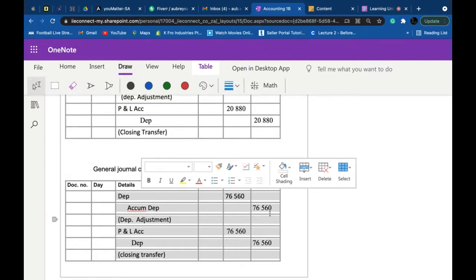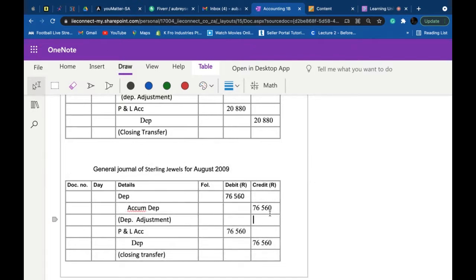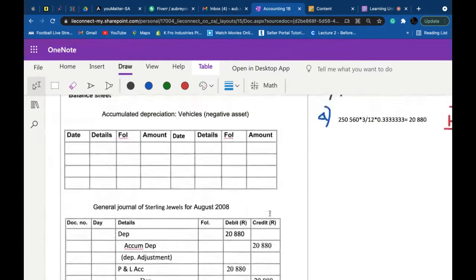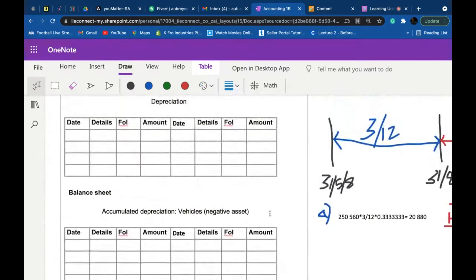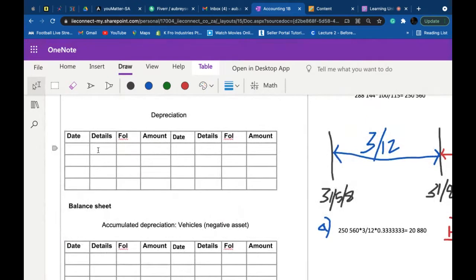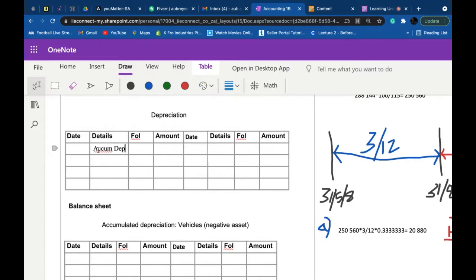Okay, and then literally all we then do is going now to the general ledger, and we're doing exactly the same thing there. Depreciation, we know we debited it in the general journal. So again, we're debiting it here, but now just with the contra account, accumulated depreciation, and that was for 20,880.